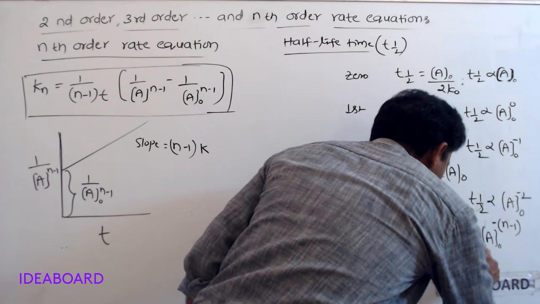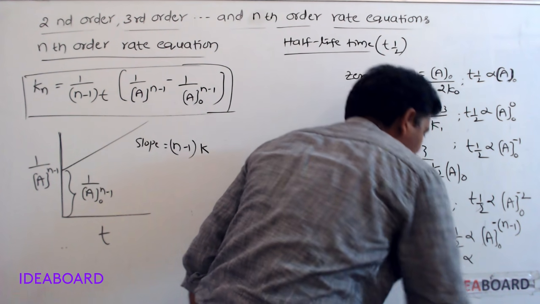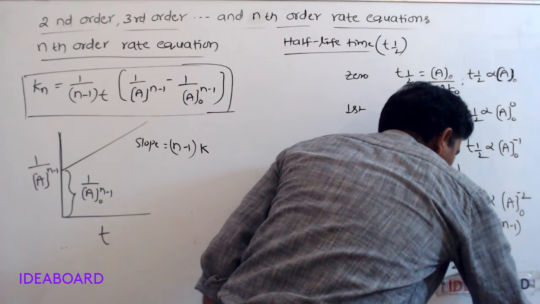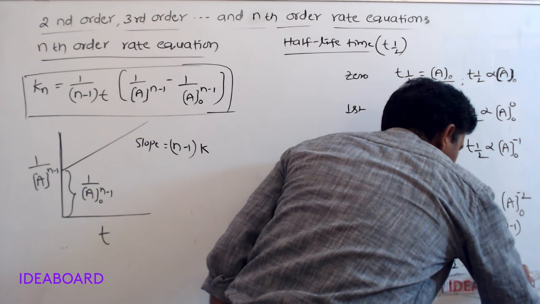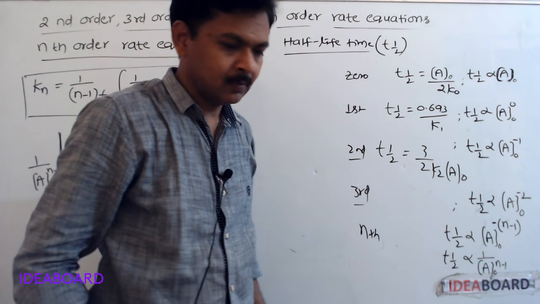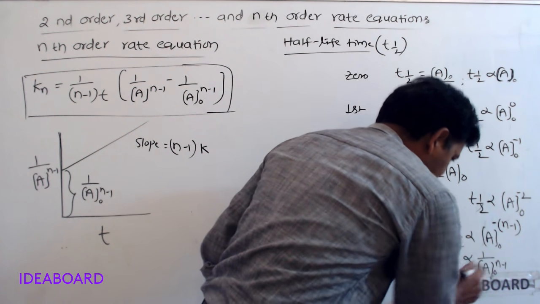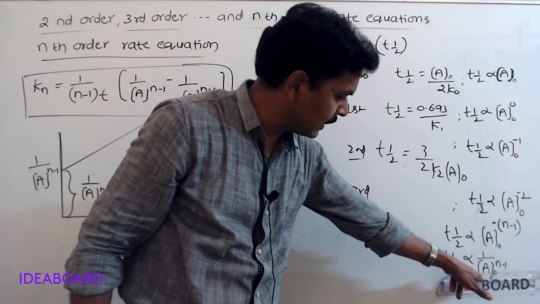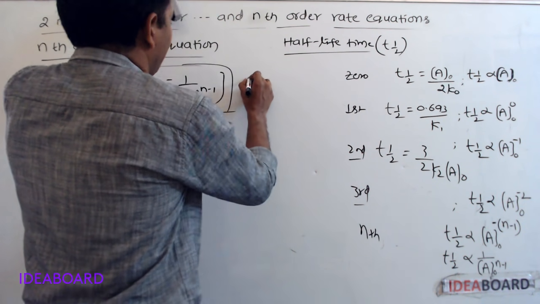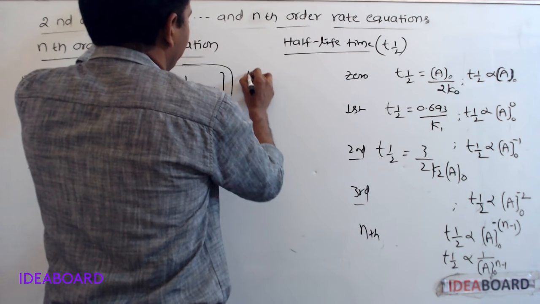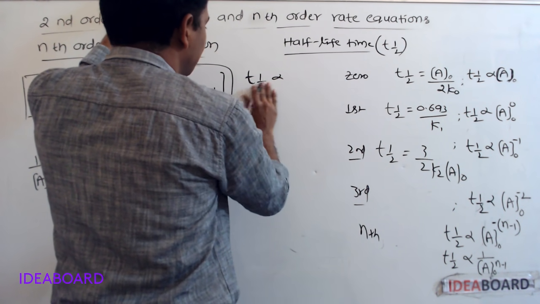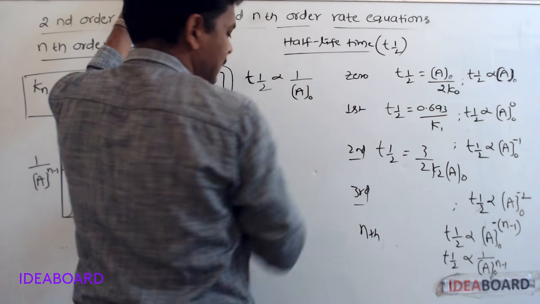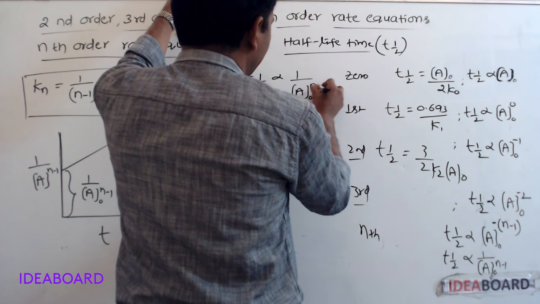Same thing we can write: T half is directly proportional to 1 by A naught power n minus 1.